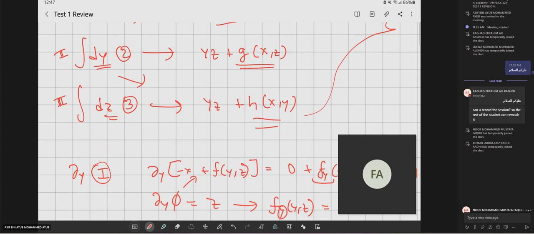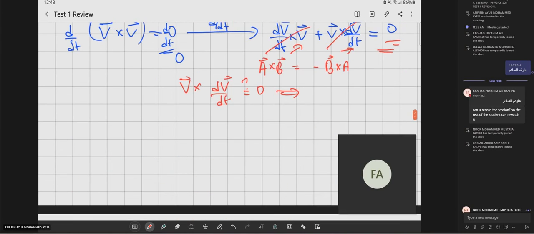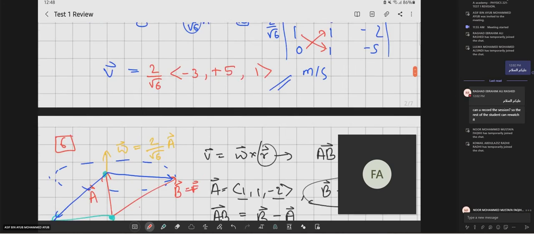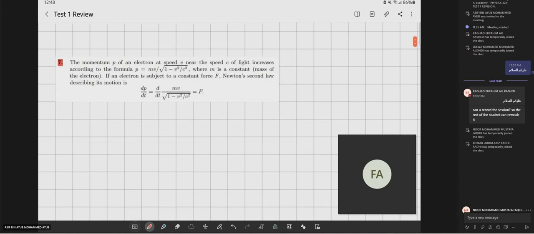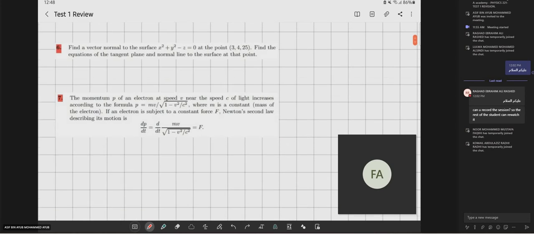Okay, so let's do the next question, which is this one.